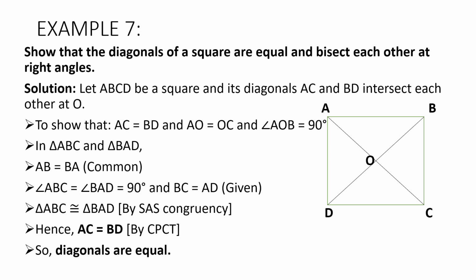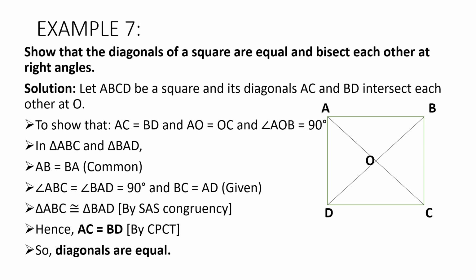So three things have to be shown: first, diagonals are equal; second, diagonals bisect each other; and third, they bisect each other at right angles. Now consider triangle ABC and triangle BAD.